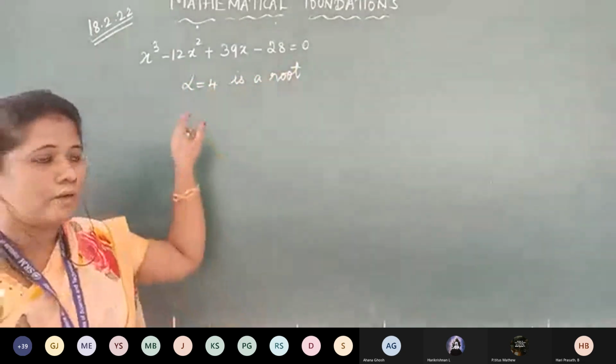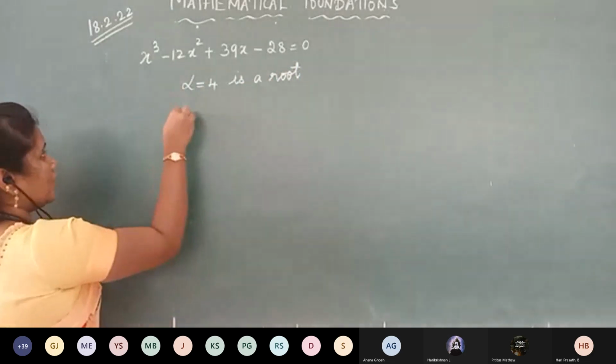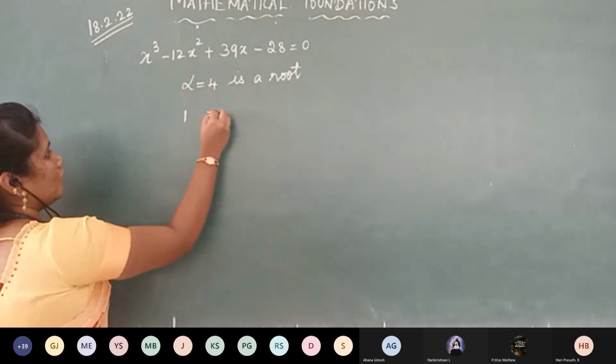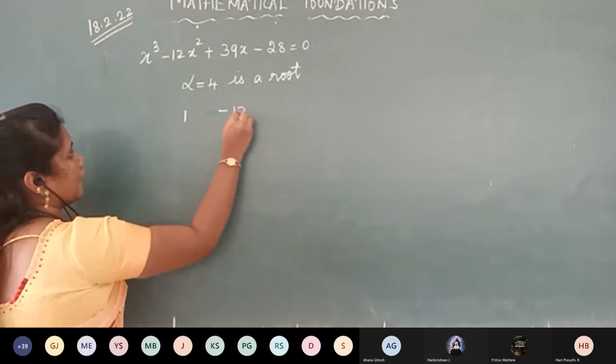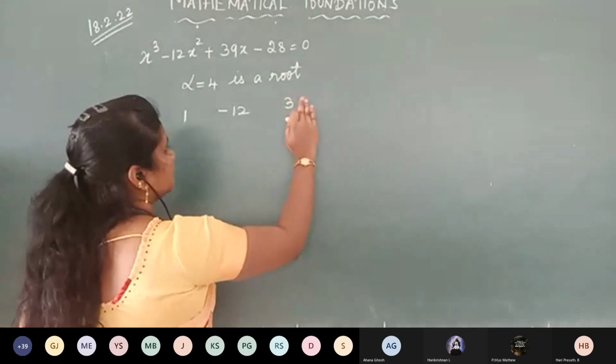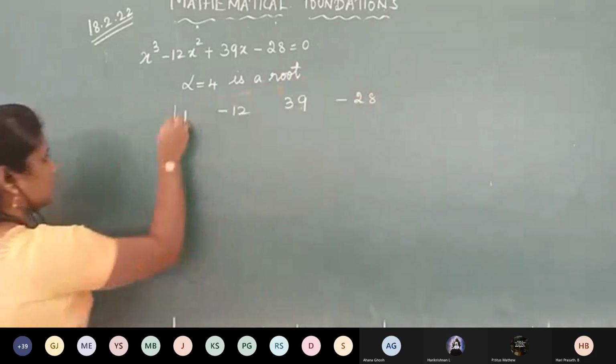Since we have got one root, what you can do is synthetic division. So take the coefficients of all the terms. The coefficient of x cube is 1, of x square is minus 12, of x is 39, and the constant term is minus 28.